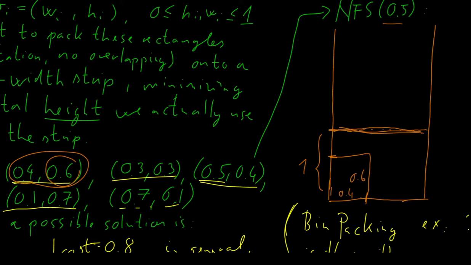Now for the second one, for 0.3, it's enough to use a shelf of height 1/2. 0.5 if you wish. So we are now constructing a second shelf onto which we will pack our boxes.